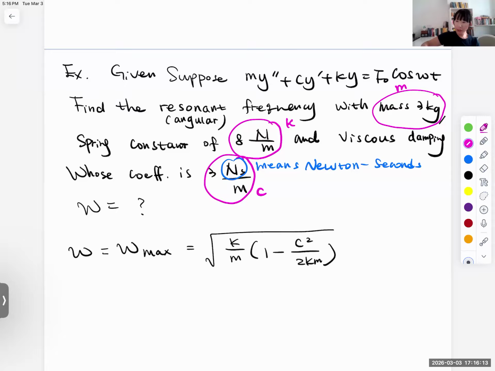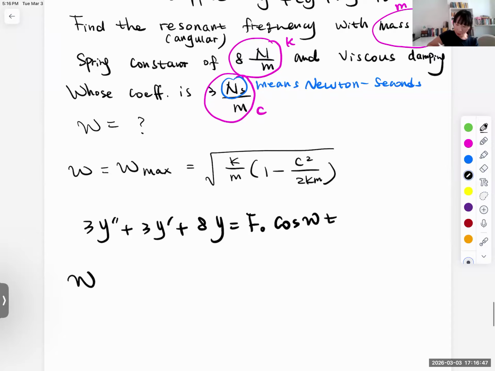Okay, so let's make the format. We don't need this, right? But let's write it down. So M equal to 3, y double prime plus C equal to 3, that's the damping force, right? And y prime plus K, the spring constant, which is 8, y equal to F naught cosine omega t, right?